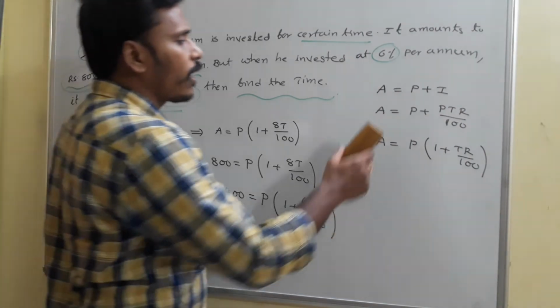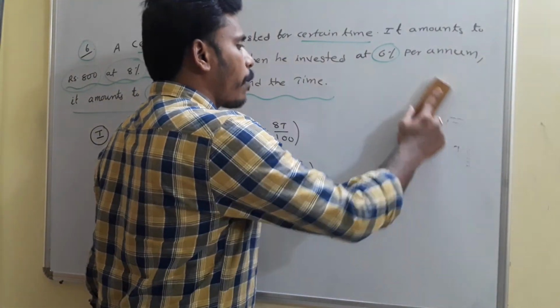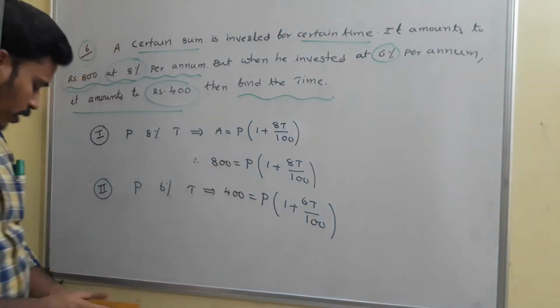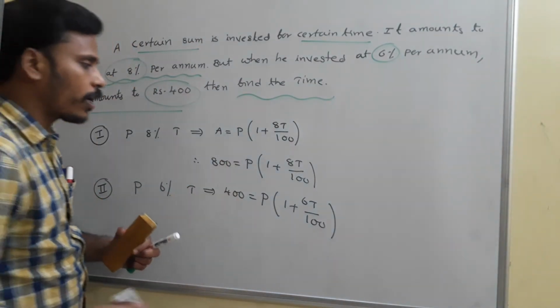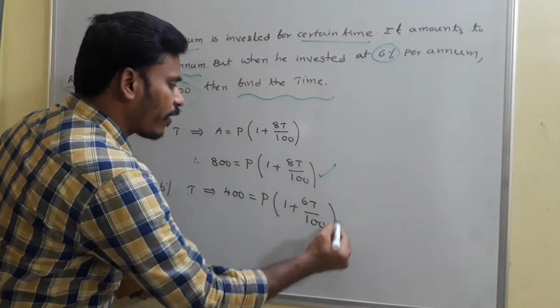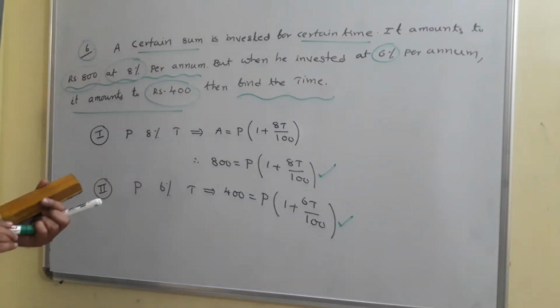For space concerns, I am erasing this formula, and you just concentrate on these two equations: 800 is equal to, and 400 is equal to.